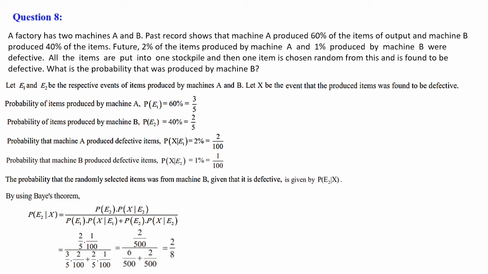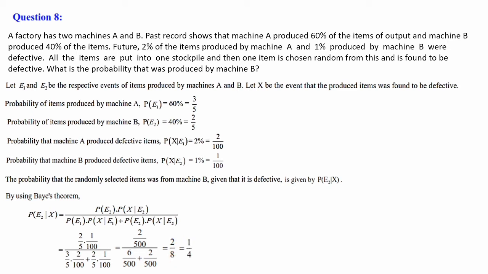Now the common denominator we are having is 500. When you take the LCM 500, here we get 6 plus 2, 8, and the numerator is 2 by 500. The denominators are 500, so the common denominators we can cancel. So 2 divided by 6 plus 2, which is 8.